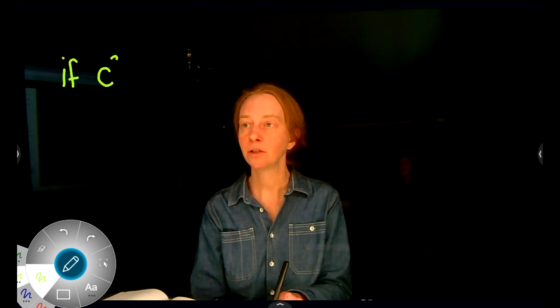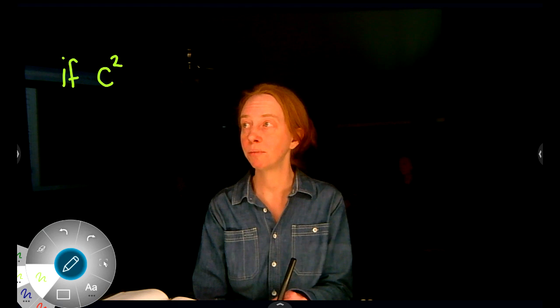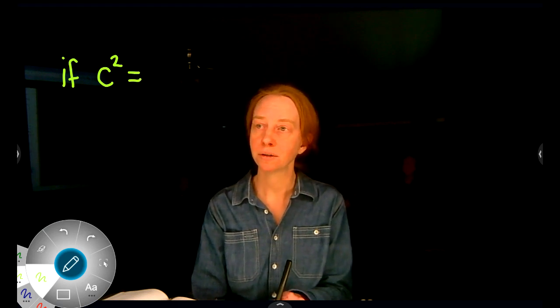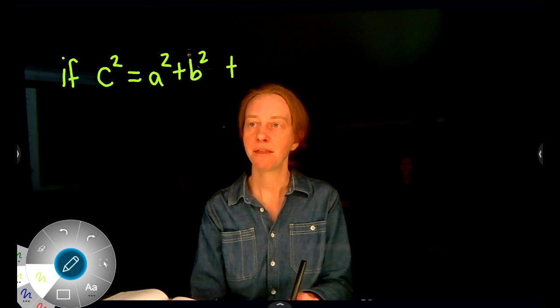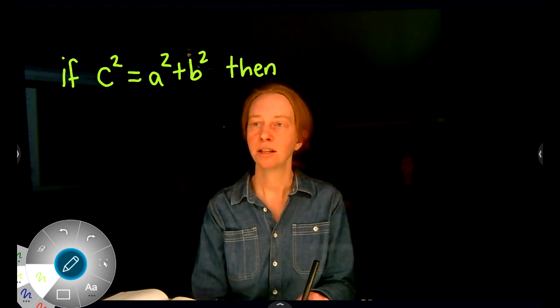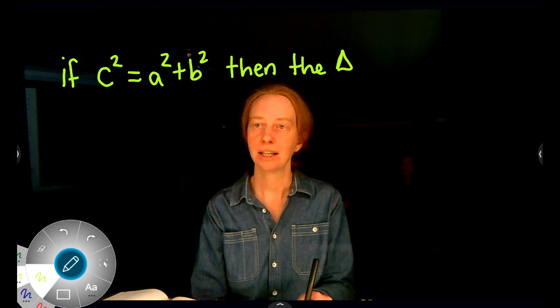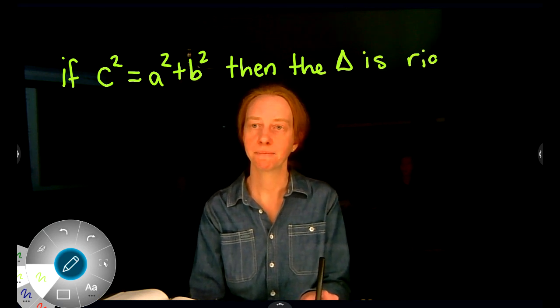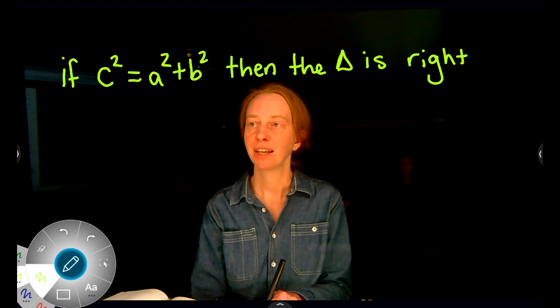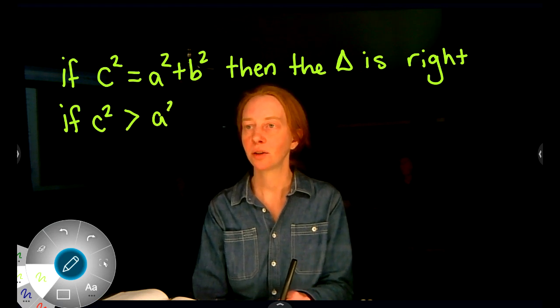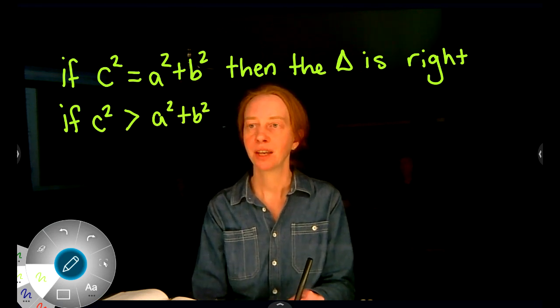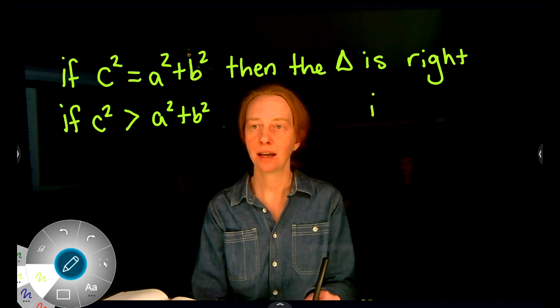So we're going to say if c squared, that's our hypotenuse, remember, equals a squared plus b squared, then the triangle is right. If c squared is greater than a squared plus b squared, then the triangle is obtuse.